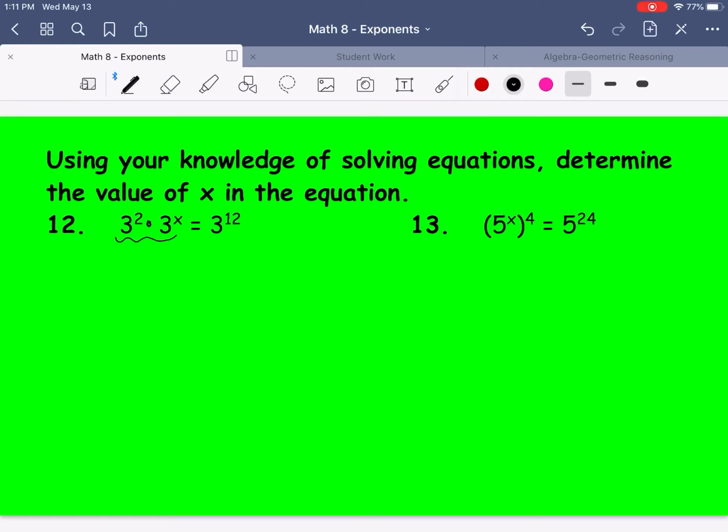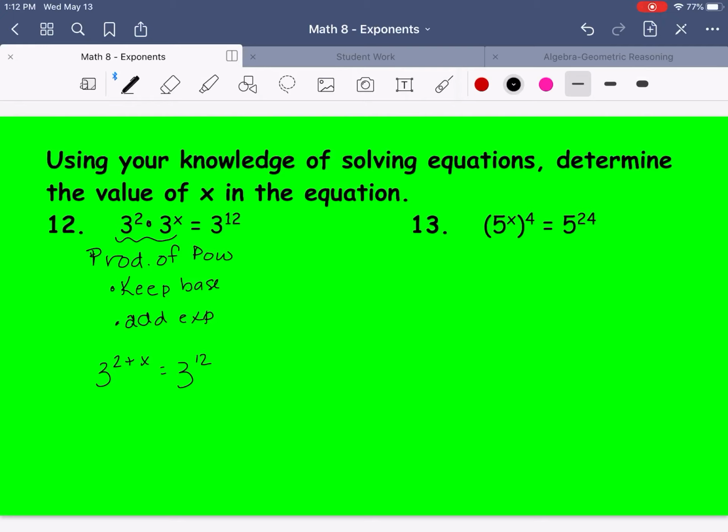We're using product of powers, which says we keep the base and add exponents. Okay, so if we keep the base, we have 3, and we add our exponents, so 2 plus x.